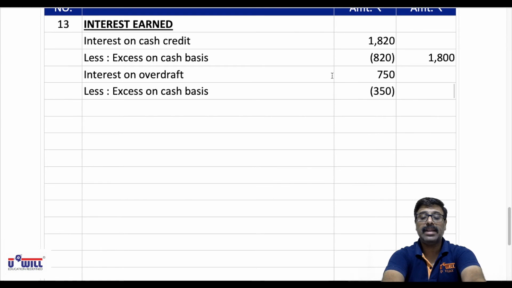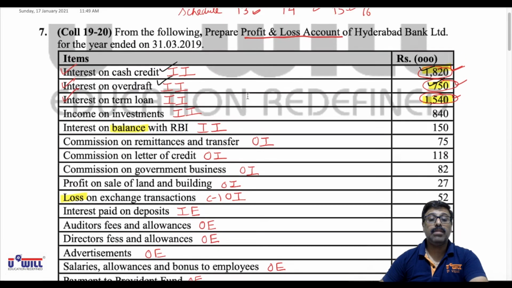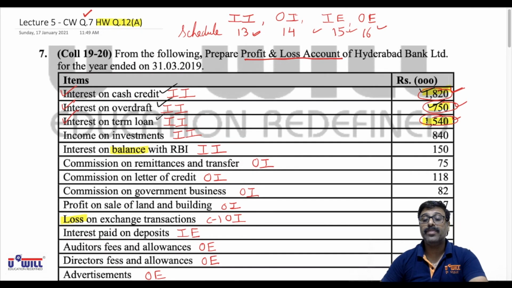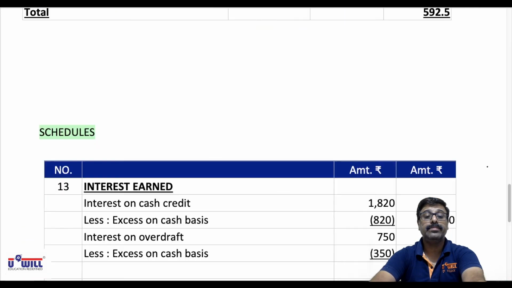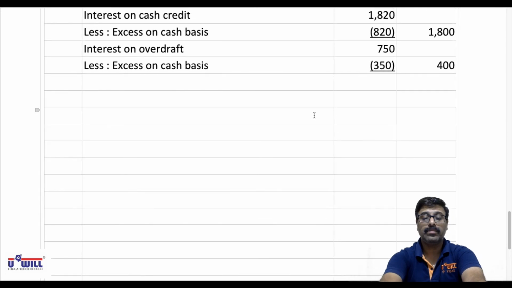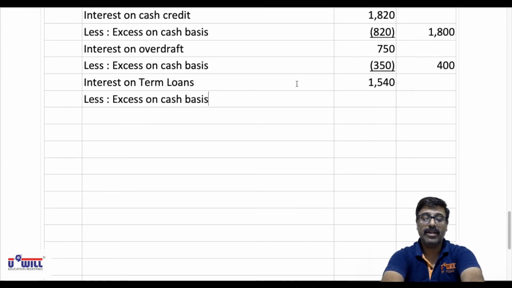So outer column will get 400. Same way interest on term loan 1540, and from that we have to subtract excess amount included on cash basis, that is 500. So in the outer column you will get 1040.